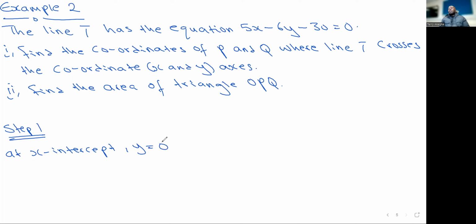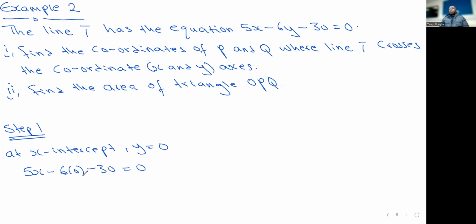So please, if you've missed the video on X and Y intercept, just go to the playlist. We talked about X-intercept, Y-intercept, and how to solve it. So I told you at X-intercept, Y will be equal to 0. So for this line, anywhere you see Y, you put 0. So it's going to become 5x minus 6 into bracket 0 minus 30 is equal to 0.